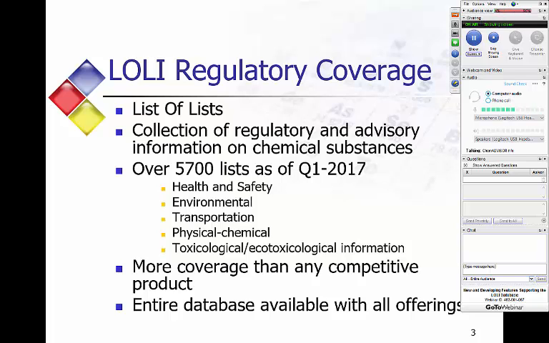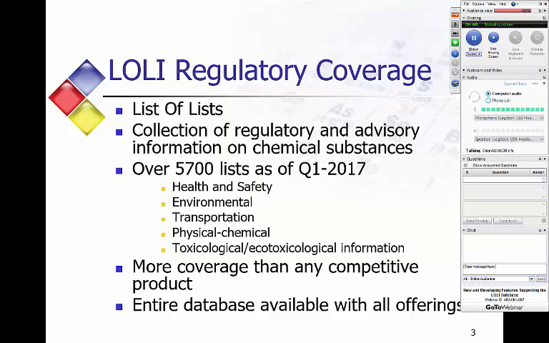Now, LOLI stands for List of Lists. It's a collection of regulatory and advisory information on chemical substances. It is a substance-specific database, and you get your best results when you have a clear substance identity. As of the most recent release, the January 1st, 2017 release of the LOLI database, we have over 5,700 lists.